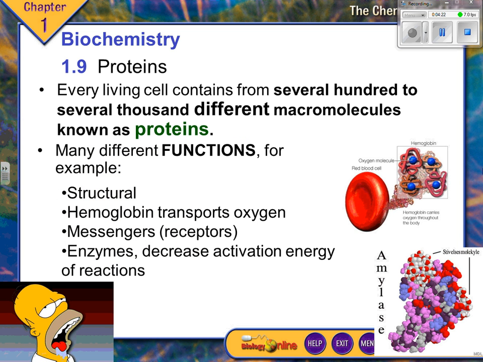Okay, now we get to the crazy proteins. So every living cell contains from several hundred to several thousand different macromolecules known as proteins. So here I told you that the lipids were more diverse because you had 3 very different types of lipids, and then you even had 2 different of the fats and oils, the saturated and unsaturated.